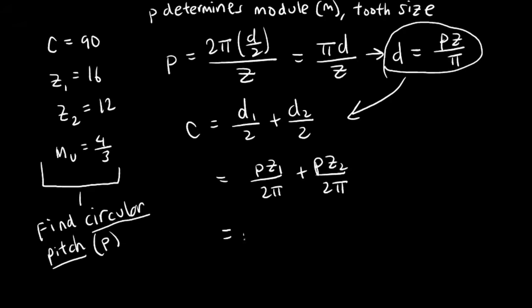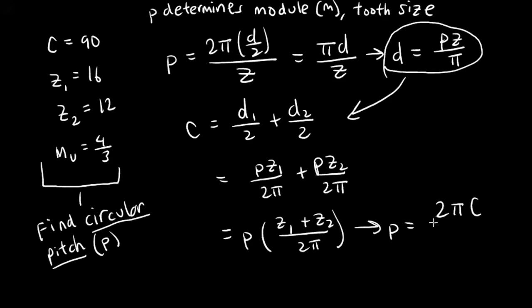So we're going to get p, parentheses, z1 plus z2 divided by 2 pi, end parentheses. And we can now get that p is going to equal 2 pi multiplied by c divided by z1 plus z2. And we know all the information, so we can just plug it in, and we're going to get 20.20 millimeters in this case.